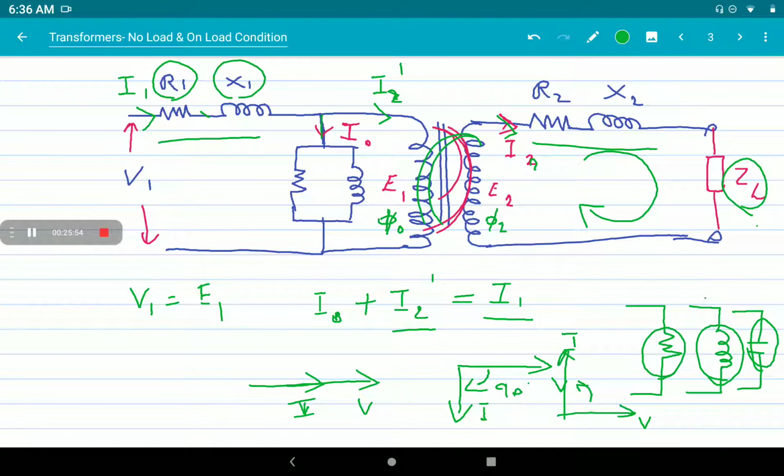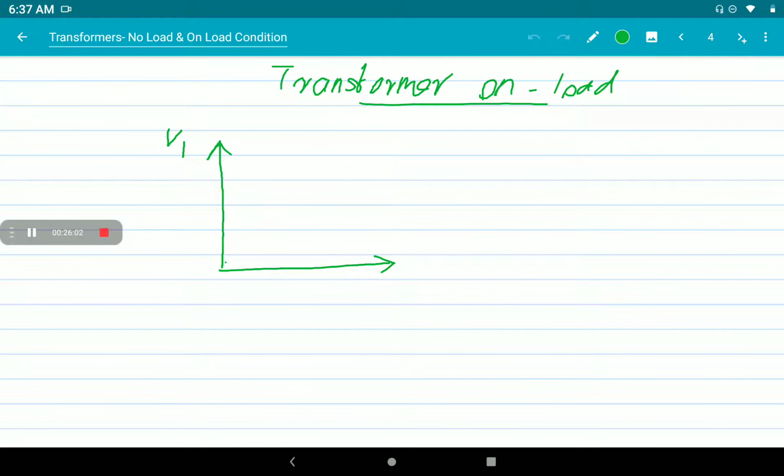So we are not considering the magnitude difference in V1 and E1 or drop നമ്മൾ consider ചെയ്യുന്നില്ല. So we are going to draw V1 in this direction and flux in this direction.